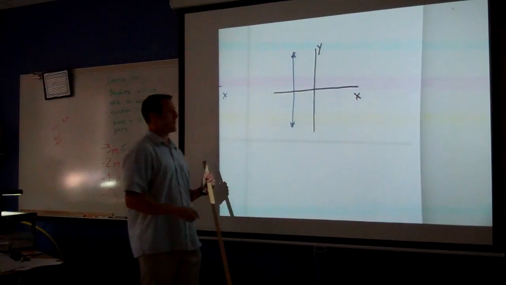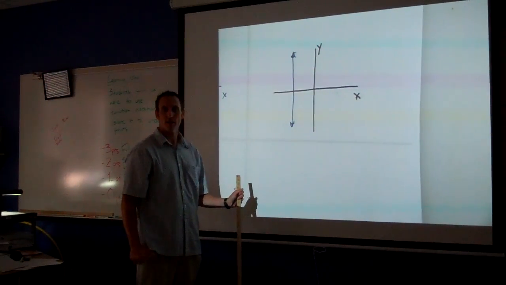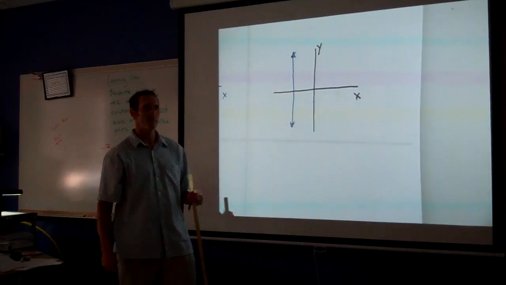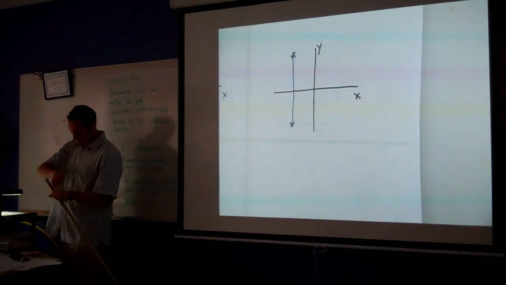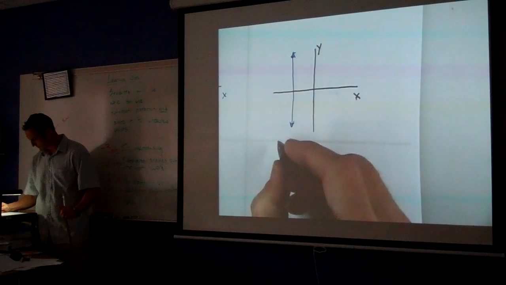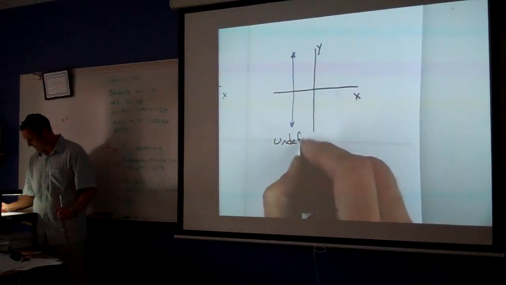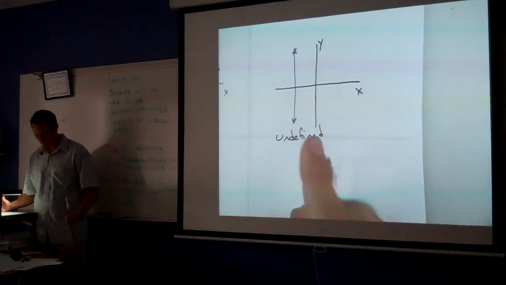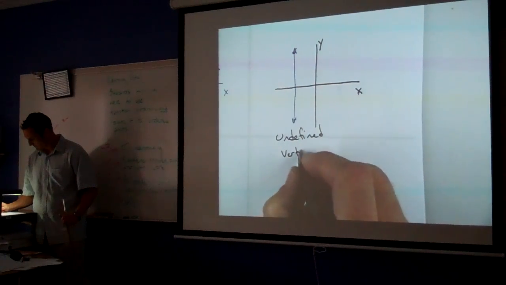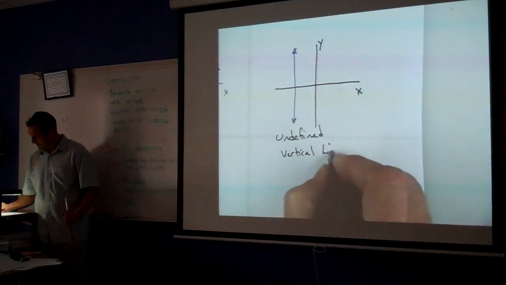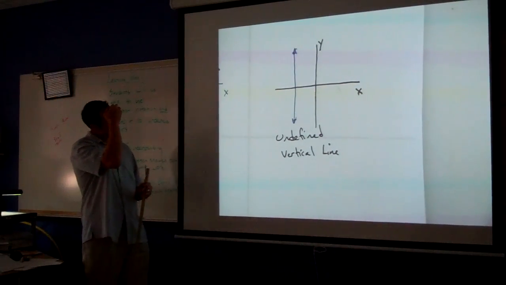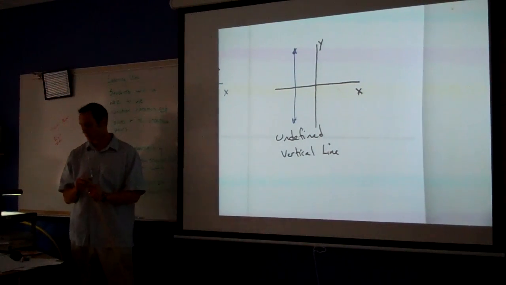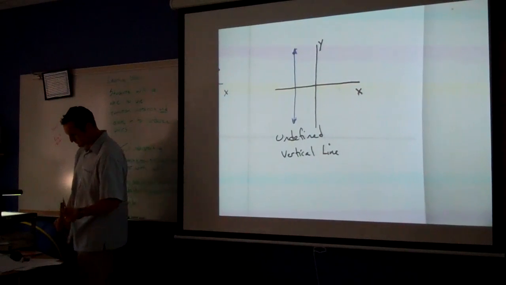It's also unfair to call this a linear function because this is not a function. Remember, that's why we use the vertical line test. However, this is a line that has an undefined slope. That slope is undefined. And it is a vertical line. And so we have our examples of positive slope, negative slope, zero slope, undefined slope.